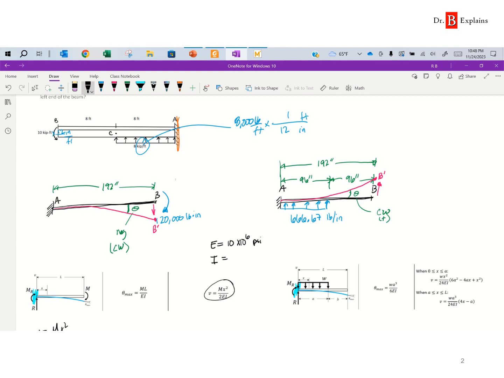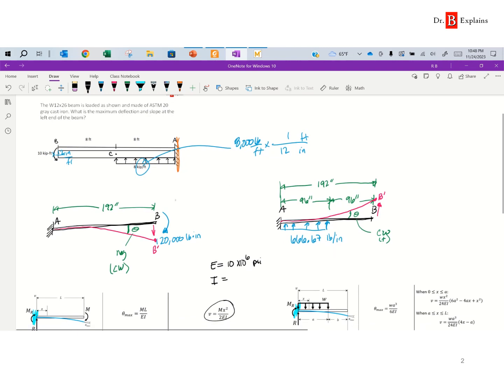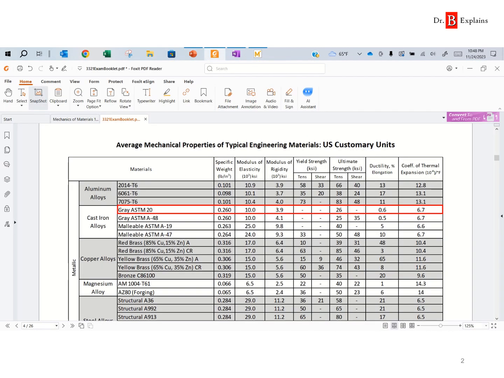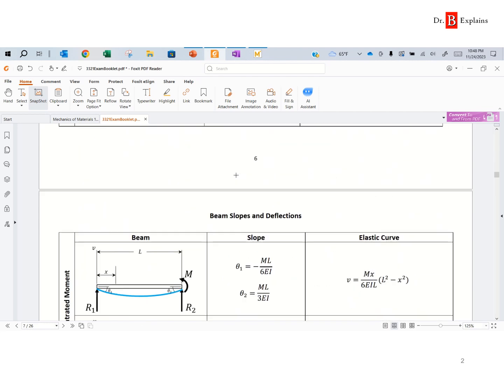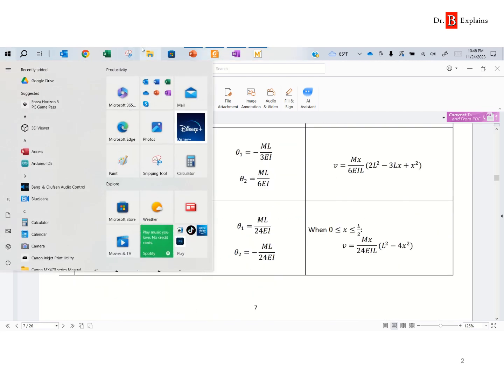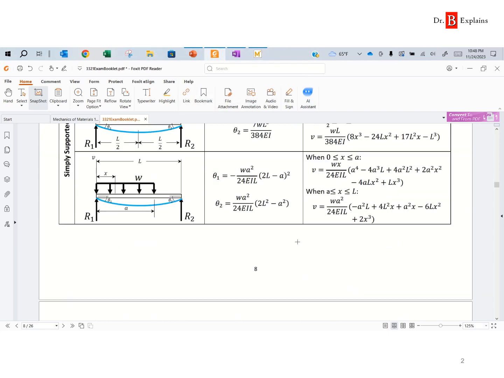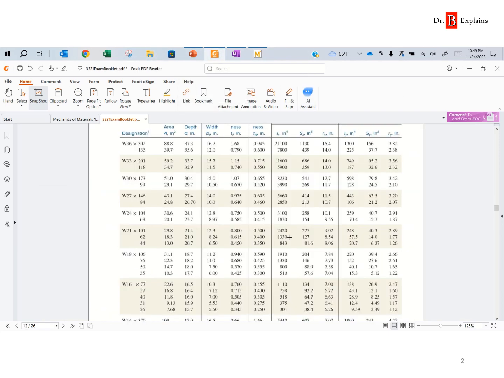The other information that we need is the moment of inertia, I. And remember the beam, it's a 12 by 26 beam. Let's scroll down.